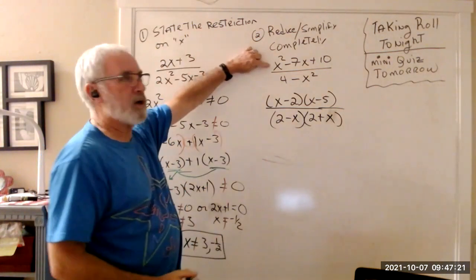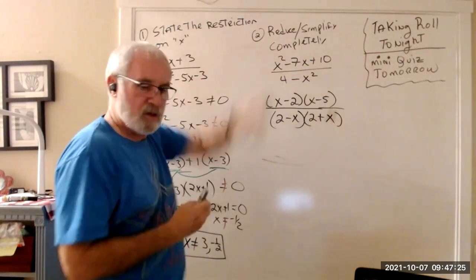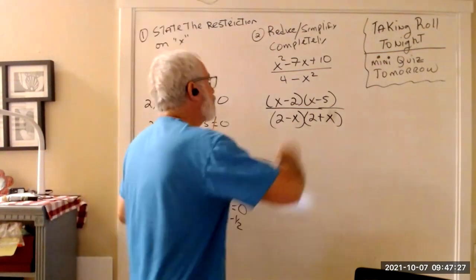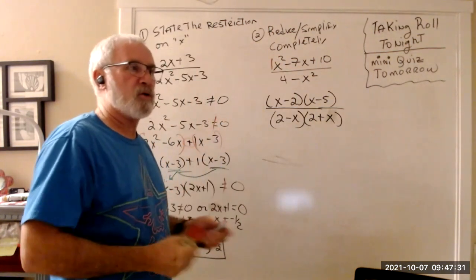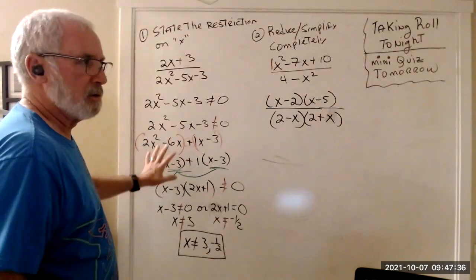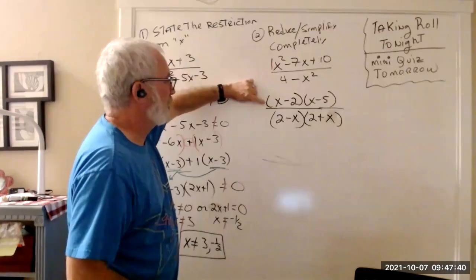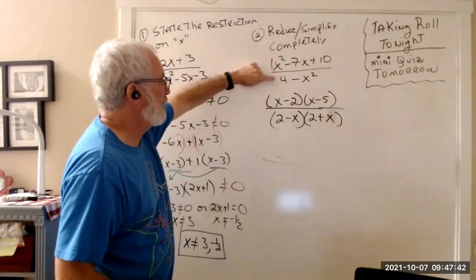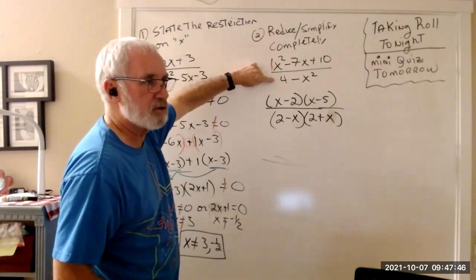But the numerator is what I call an easy trinomial. Easy because the coefficient of x squared is a 1. That made all your work easier. You didn't have to go through half of this over here. Okay, just easy 1. So that was a trinomial. It factors into that. The denominator was a difference of 2 squares.